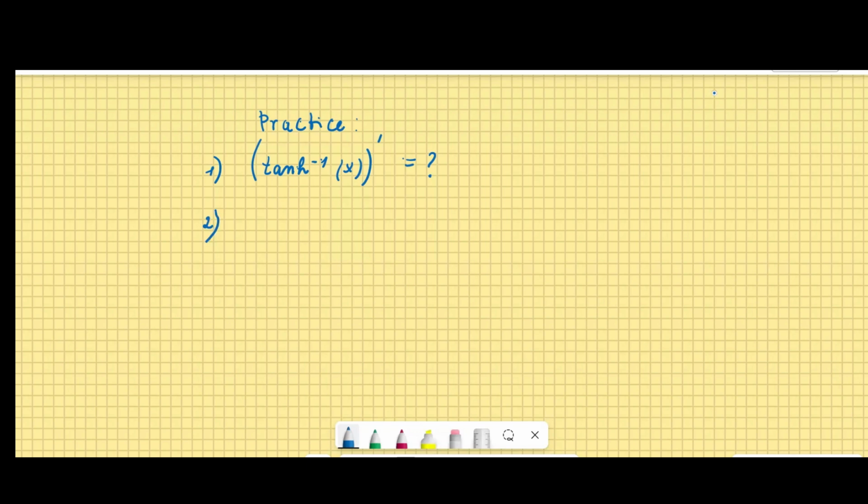Problem 2. I'm going to just give you some problems to differentiate or integrate using some formulas.